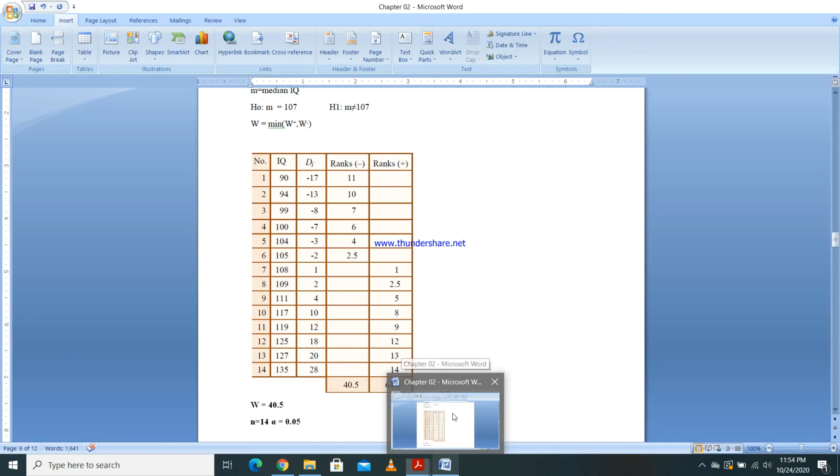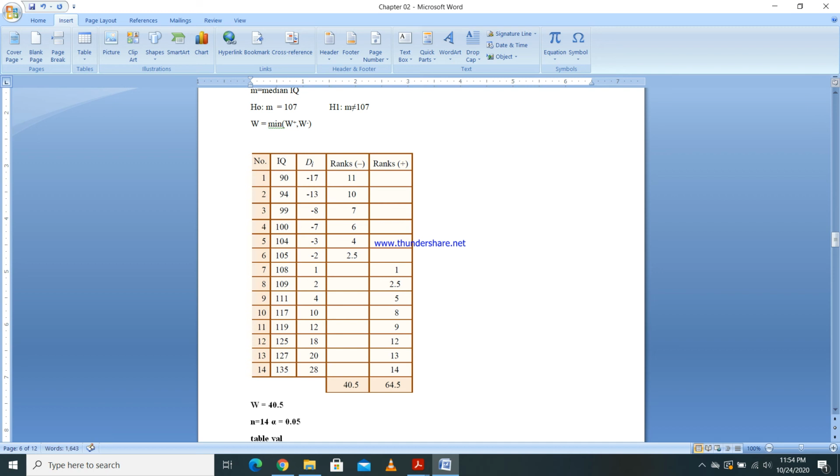So you can write down our table value is equal to 21. So what is our decision? If the calculated value is less than or equal to table value, we can reject. But we can see in this case also the calculated value is 40.5, but the table value is 21.